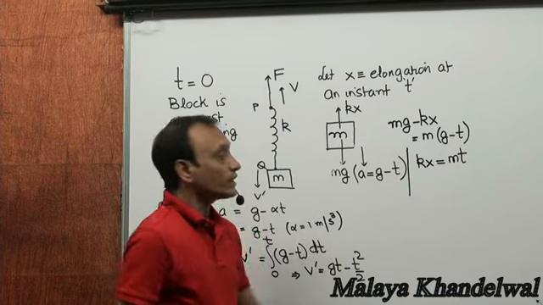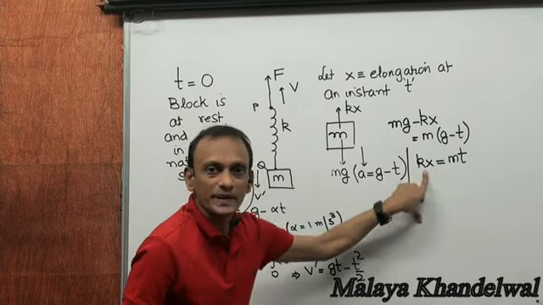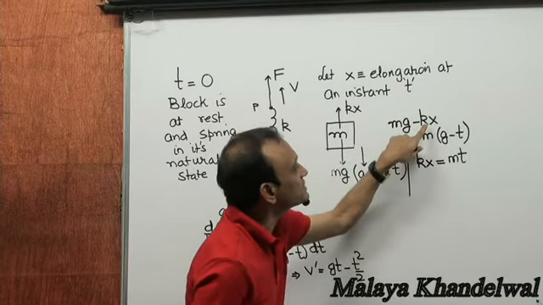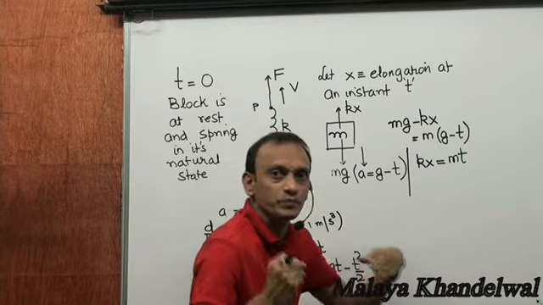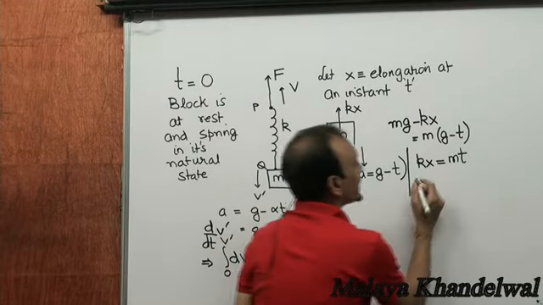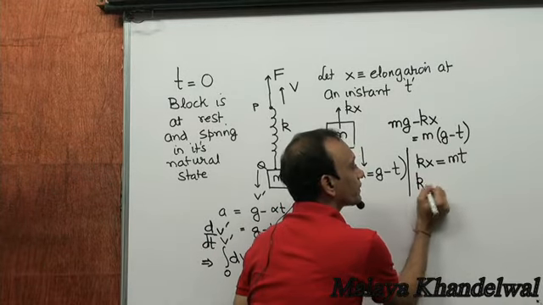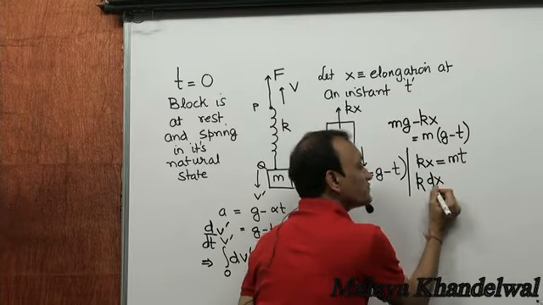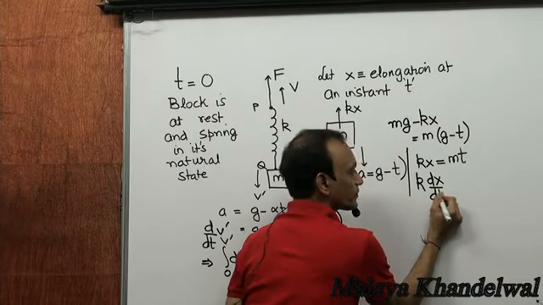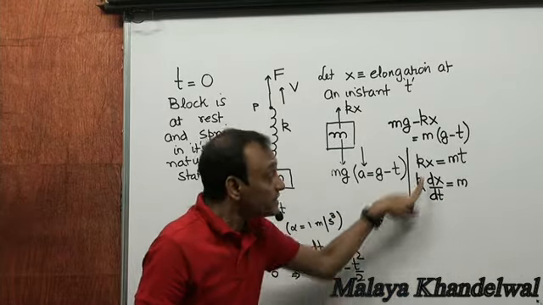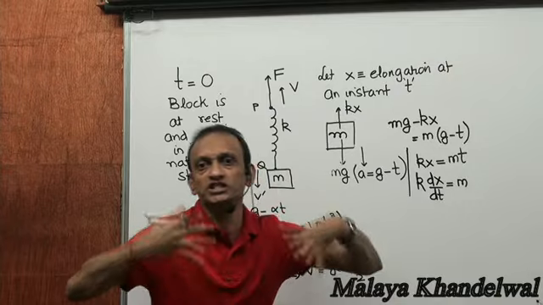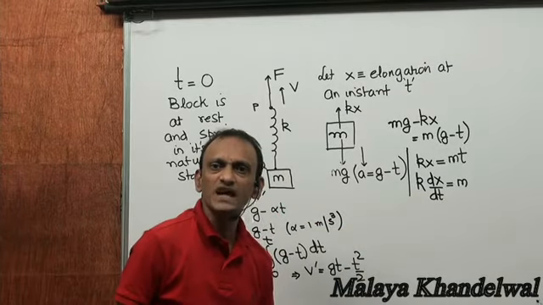Now, if I differentiate both sides with respect to time, I end up getting k dx/dt, the rate at which elongation changes, equals m. Yes or no?